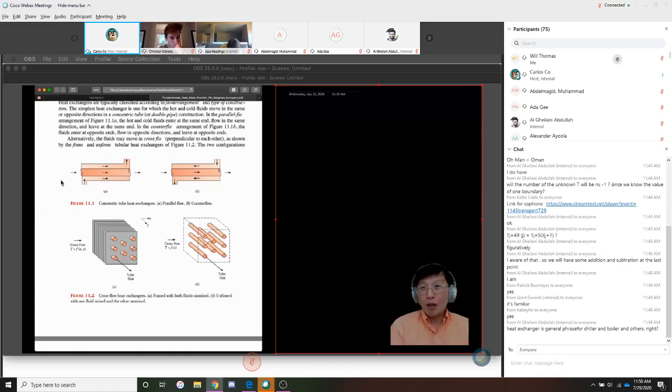On the outside of the tube, you have another stream, and it's flowing along in the same direction. And the outer tube is presumably cooler, and it's taking away heat from the fluid that's flowing in the center. And that's it. Heat exchanger is a general phrase for chillers or boilers. I should call it a general phrase, but it's probably the engineering terminology. Okay.